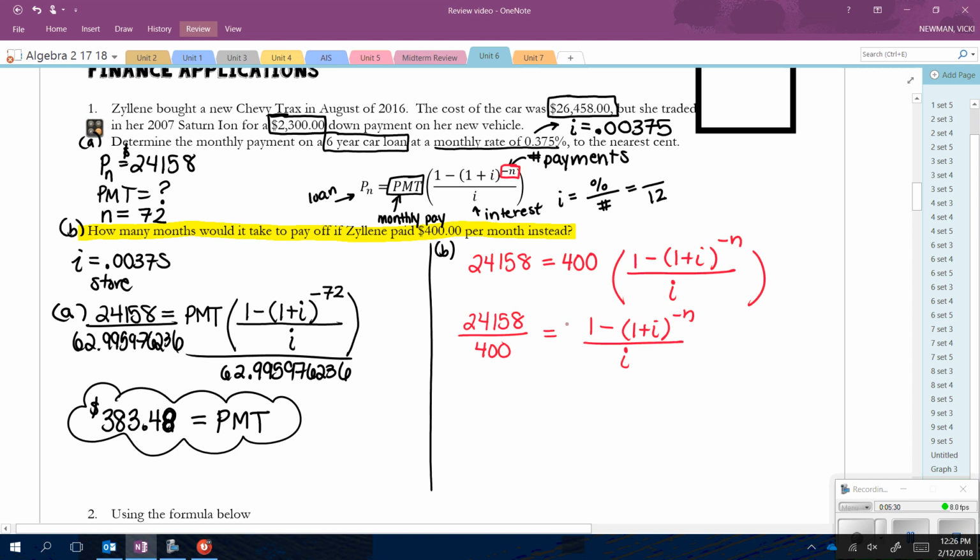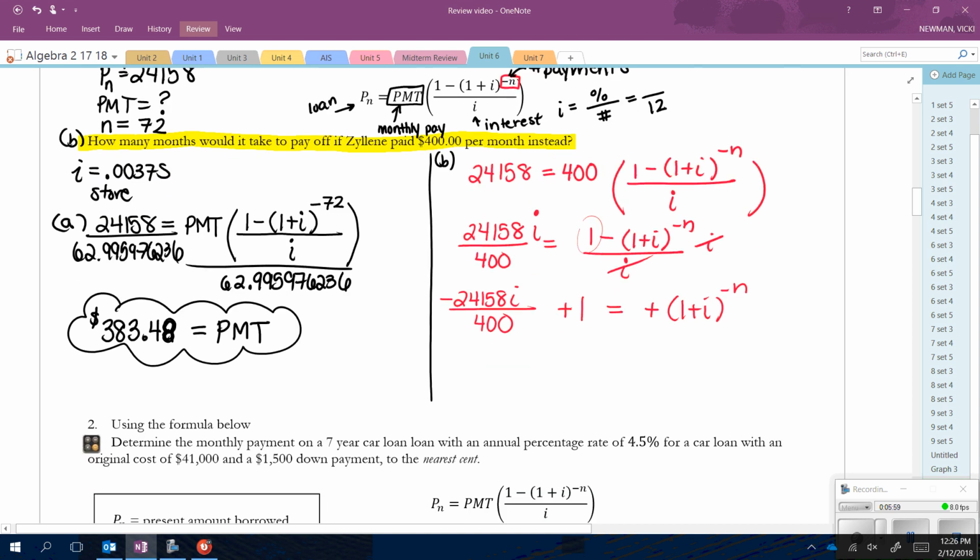So I'm going to multiply by I. And then I'm going to subtract this 1 over to the other side. So 24,158I divided by 400 minus 1 is equal to negative 1 plus I to the negative n. I'm going to get rid of this negative, so plus, plus, minus.